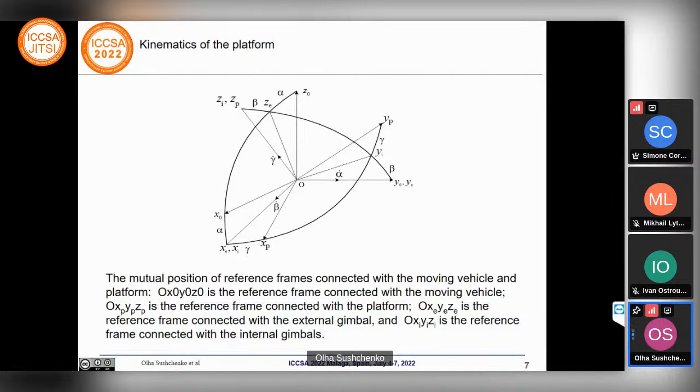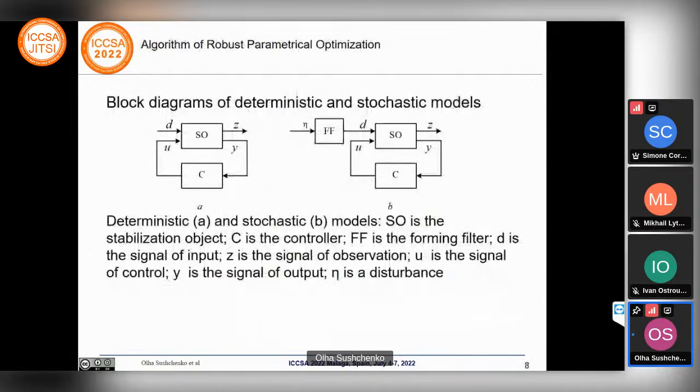Now I will pass on to the algorithm of designing initially stabilized platforms. The main feature of the system is operation in difficult conditions under the action of disturbances. The best solution in this case is application of robust control.